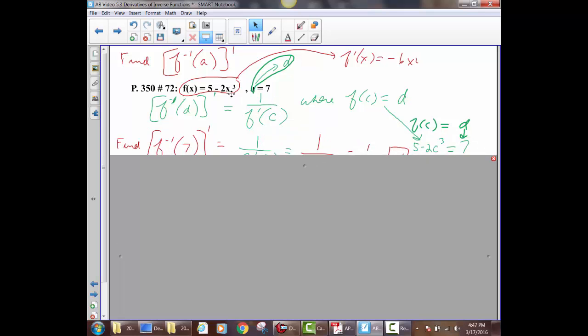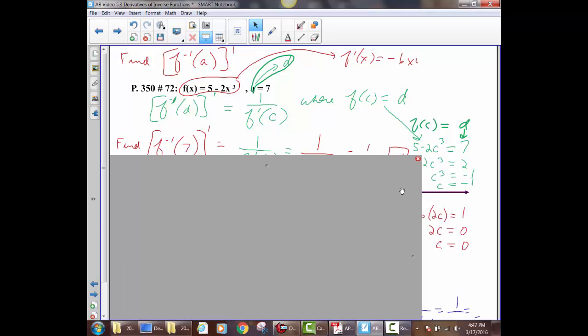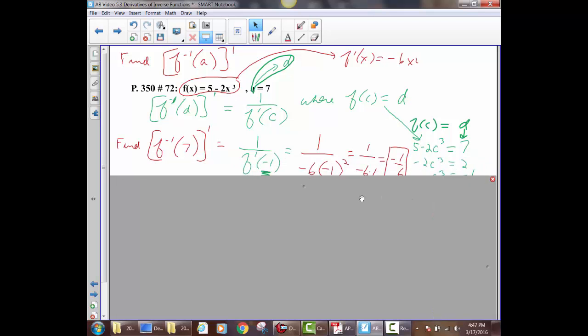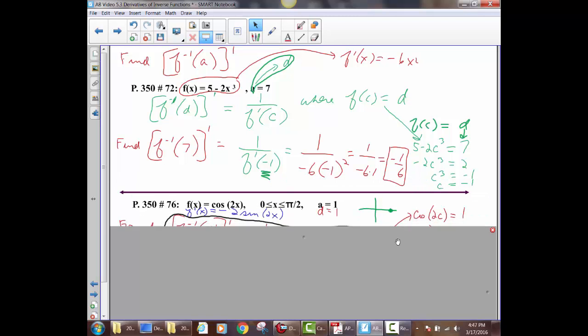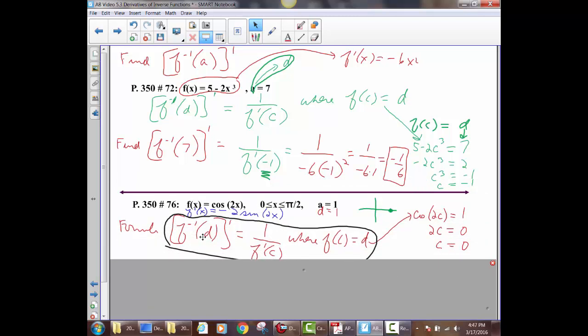Our f of c is 5 minus 2c cubed, so I'll solve that. That'll give me c equals negative 1. So that becomes 1 over f prime of negative 1. Well, if f of x is 5 minus 2x cubed, then f prime of x is negative 6x squared. So I have 1 over negative 6 times my negative 1 squared, and that'll give me an answer of negative 1/6.